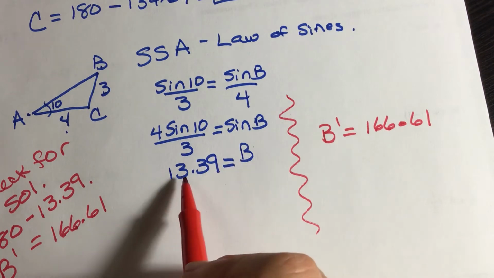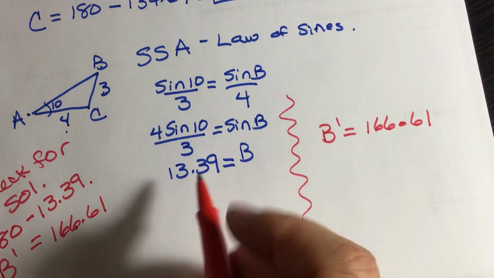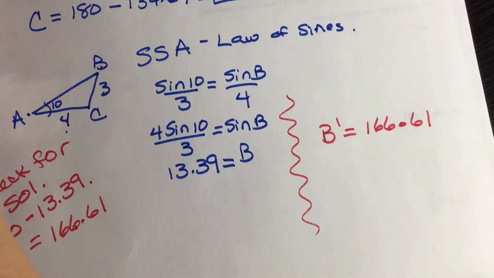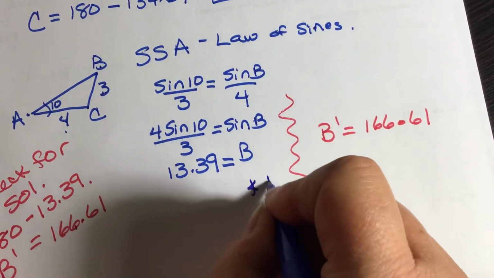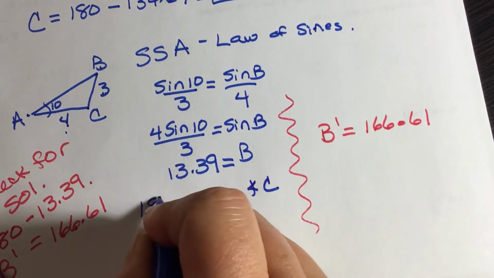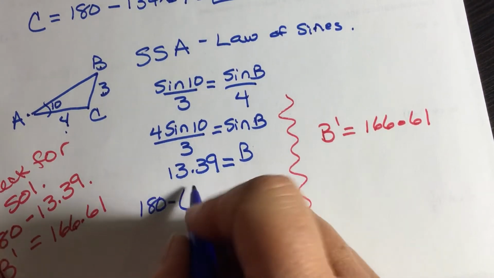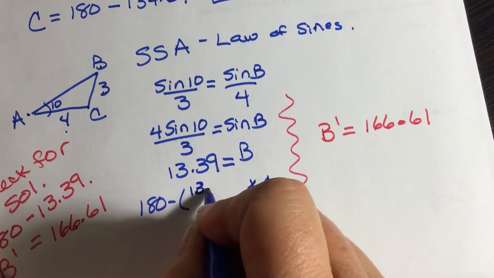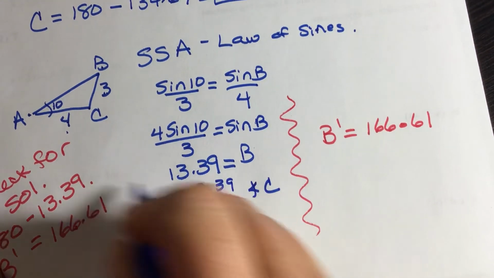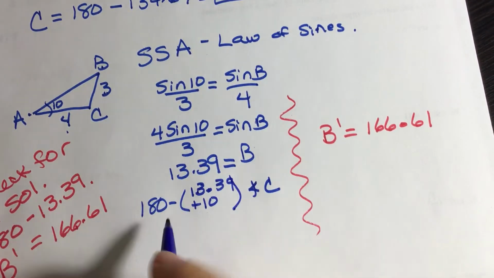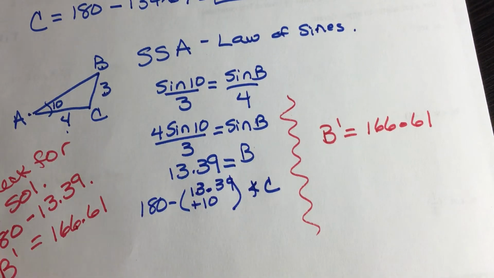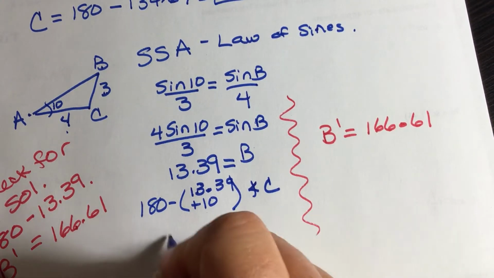If angle B is 13.39, then angle C has to be 180 minus 13.39 and 10. So I'm going to subtract those other two angles from 180, and angle C would be 156.61.